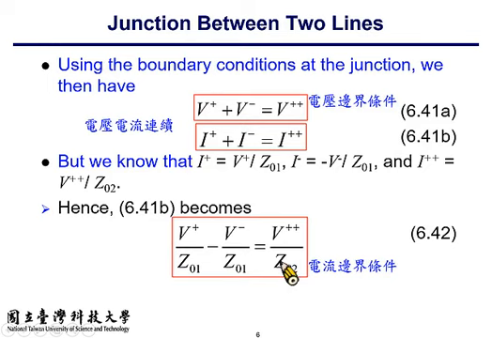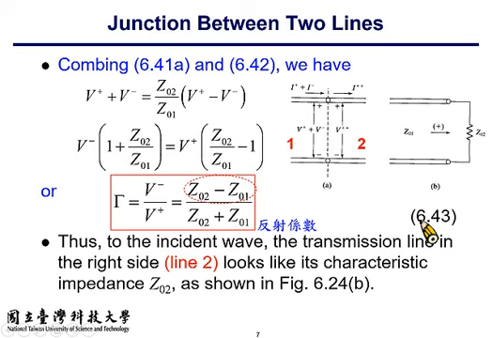Z sub 01, Z sub 02, the characteristic impedances of the two lines are known. The incidence V plus is known as well. The unknowns are V minus and V double plus, the reflected voltage and the transmitted voltage. And thankfully we have two equations, so they can be solved for sure.